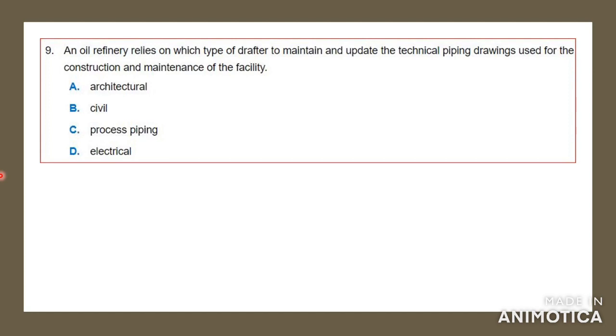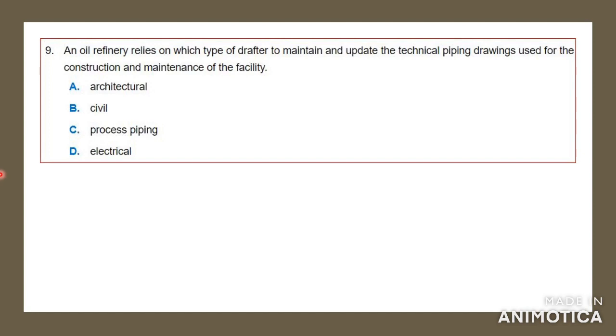So if you have an oil refinery, as you know, those oil refineries have a lot of pipes sticking out of them and all around inside of them because they have to transfer the oil and filter the oil and so on. So they need engineers to actually repair those and keep them working properly. So you need drawings to actually know what size pipes need fixing, what needs to be replaced, and so on.